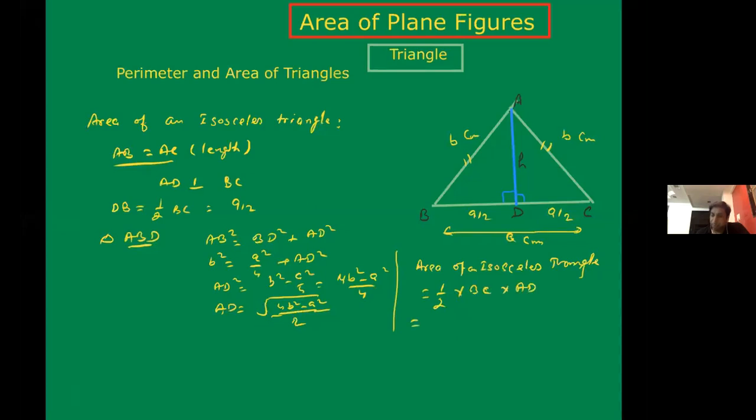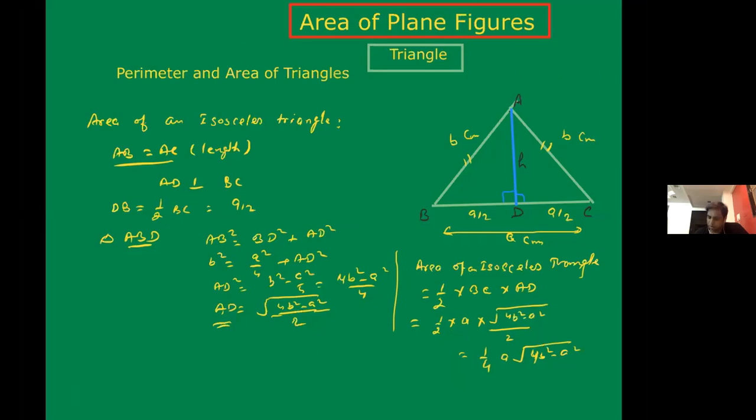We know the values of BC and AD, so I can put them in. So 1/2, base is A, AD we have just found, root of (4B square minus A square) by 2. So this will be 1/4 A root of (4B square minus A square). So this is the area of the isosceles triangle, 1/4 A root of (4B square minus A square).